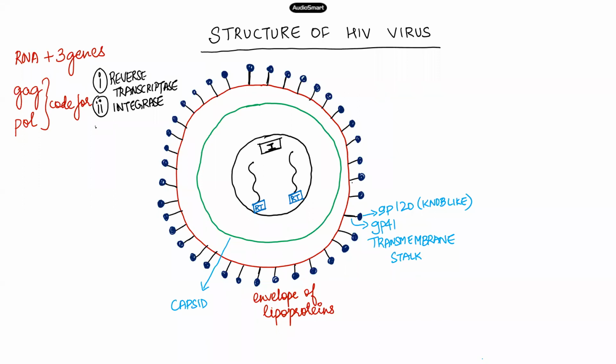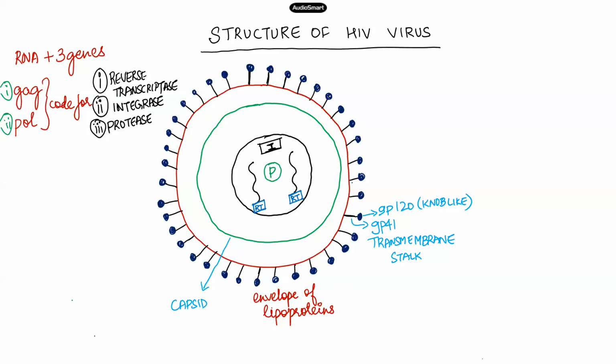Now, the third enzyme that the GAG-POL genes code for is your protease. The protease enzyme is very important because it causes the maturation of the virus particles. So this is integrase, this is your reverse transcriptase, and this is your protease. All these three enzymes that I have drawn are coded by the GAG gene and POL gene, and we call them GAG-POL genes.